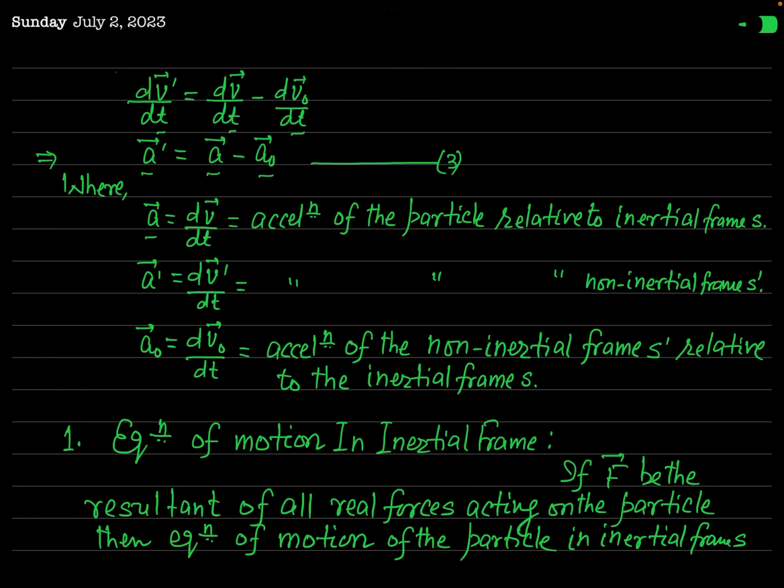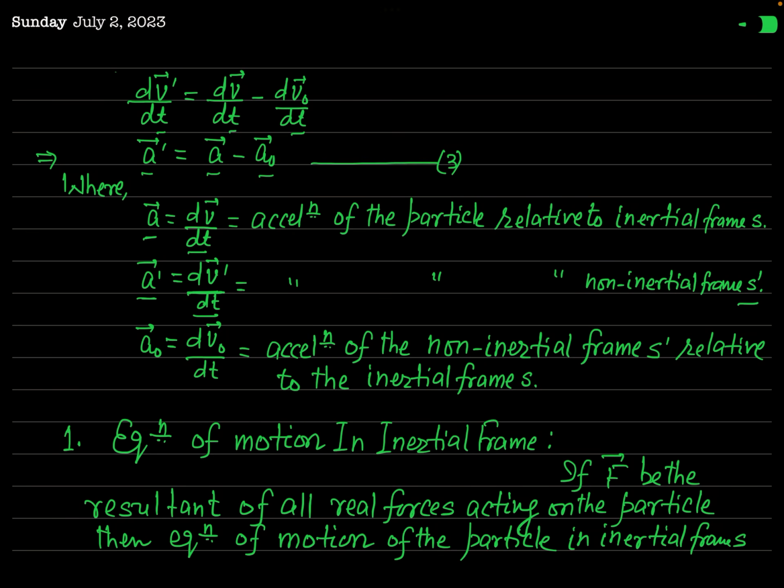Now let us see what is this a. A is the time derivative of v, and v is the velocity of the particle with respect to the inertial frame. So this time derivative will give the acceleration of the particle with respect to the inertial frame. Okay. Similarly, since v dashed is the velocity of the particle with respect to the non-inertial frame S dashed, this derivative will give the acceleration of the particle with respect to the non-inertial frame S dashed.